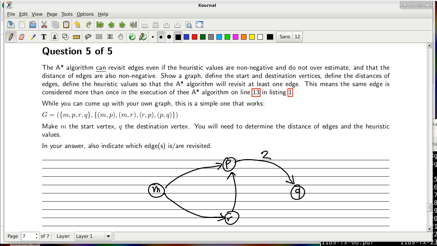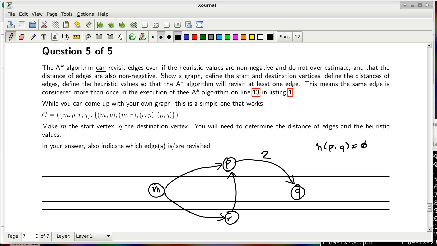Yep. So you pick the cost so that they don't match. Do you pick the more expensive cost to have a cheaper looking heuristic? Mm-hmm. Yep. Okay, so the first thing we know is we want P to look really good.